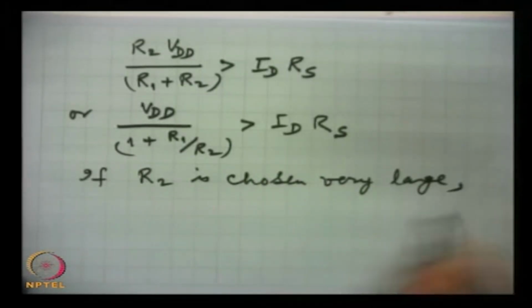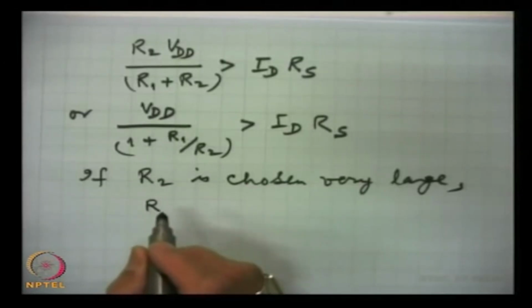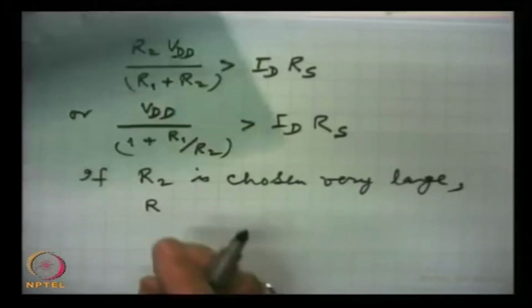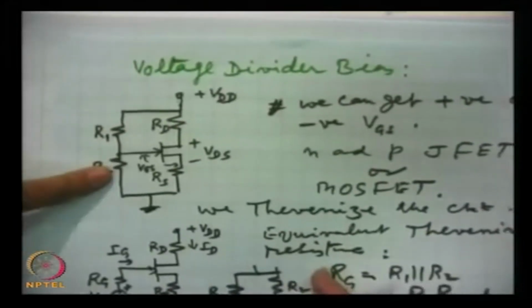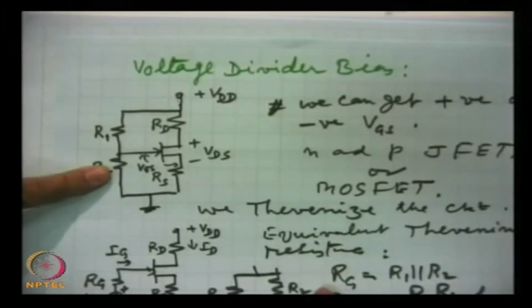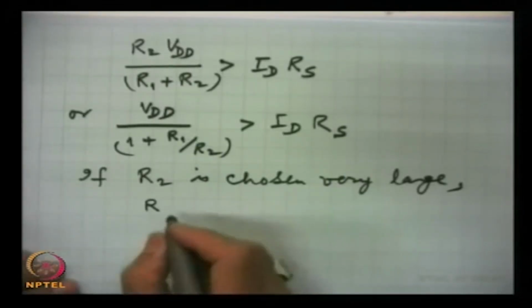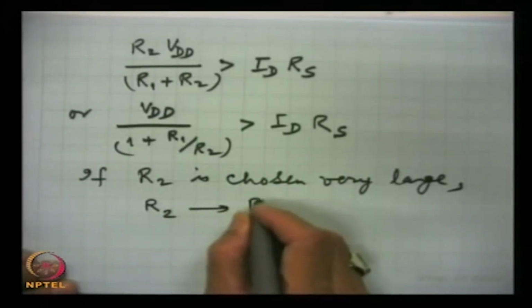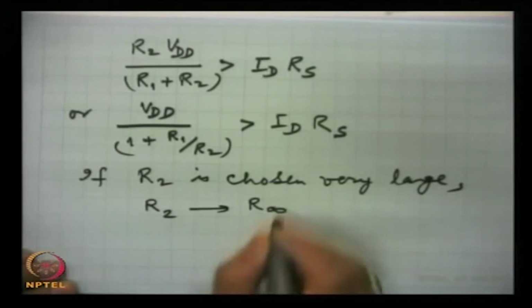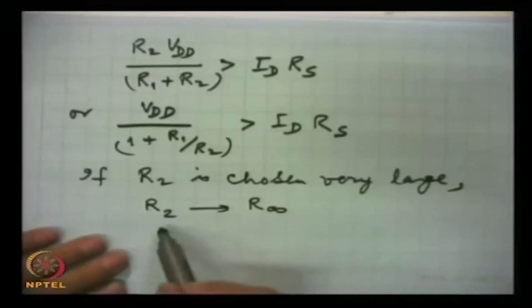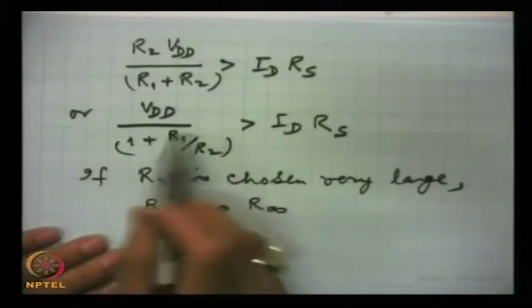In the limiting case, R2 in this voltage divider circuit can be taken as almost approaching infinity, and in fact it can be taken as infinity. And what is R infinity? The absence of the resistance. If R2 is removed from the circuit, then we satisfy this inequality easily.